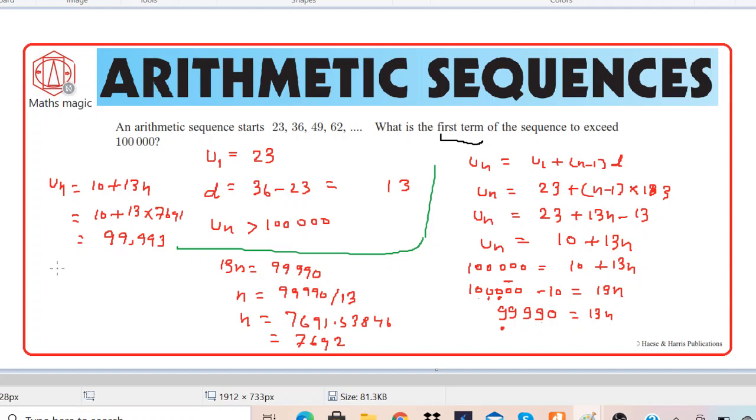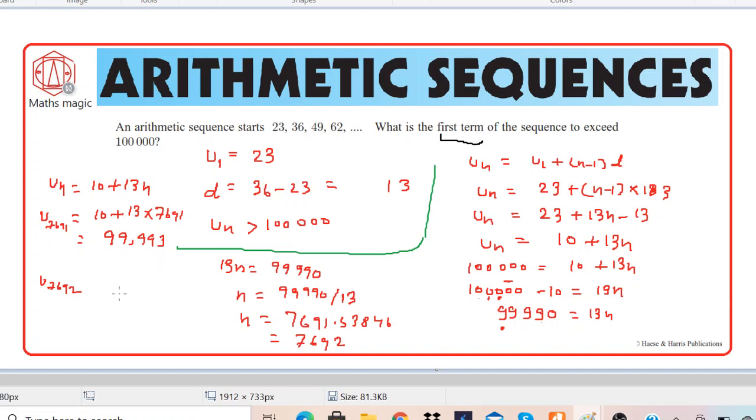Now let's check with 7692 and verify this also. Multiply 7692 with 13, and then we have to do plus 10.